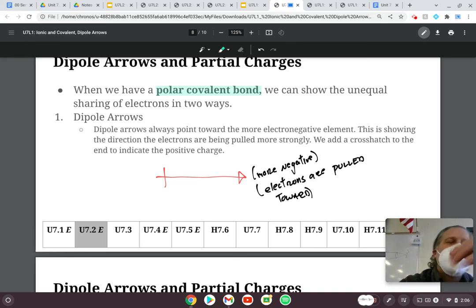And the other side, which looks like it has a little plus on the end of it, is more positive. That means the electrons are not spending as much time there.